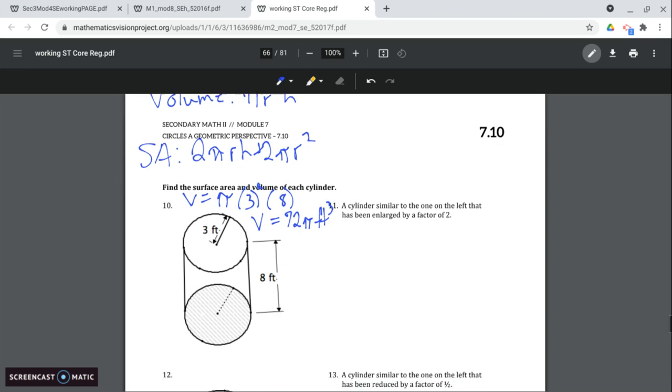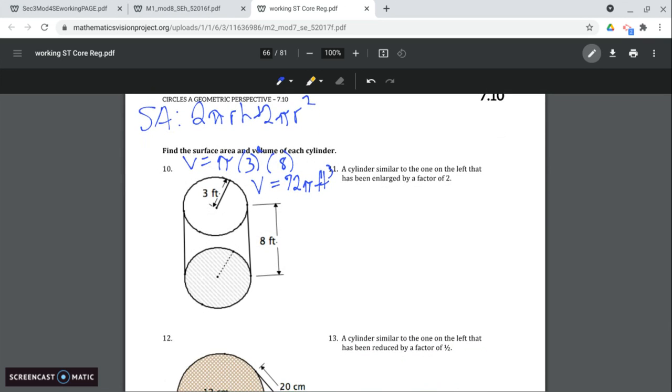So then for surface area, we'll have 2 pi times 3 times 8 plus 2 pi 3 squared.